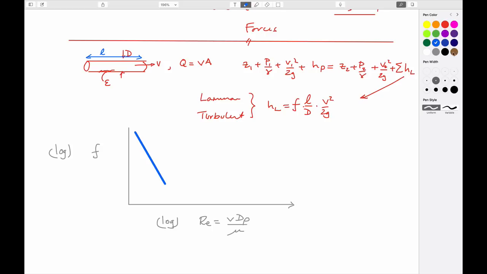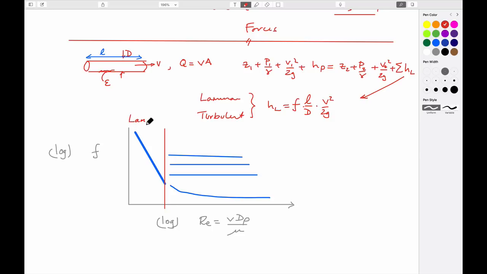And maybe some behaviors that we have that look a bit like maybe this. And in terms of demarking these different zones, this is laminar. This is turbulent.